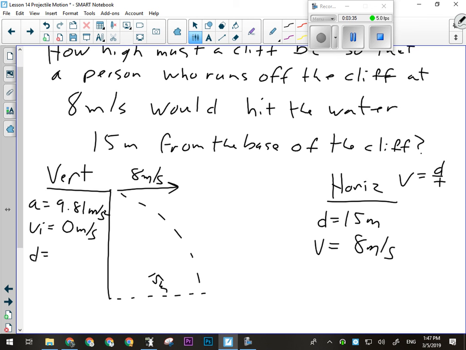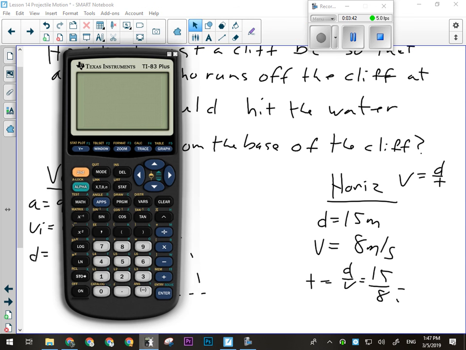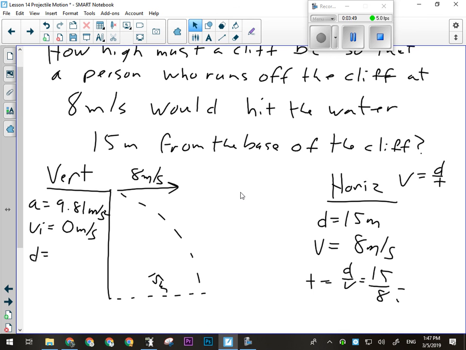So I can use v equals d over t. So t will equal d over v. That'll be 15 over 8. We're going to get like 1 point something seconds here. 15 divided by 8, so there's our time, 1.875 seconds. That means that's how long they fall for as well.